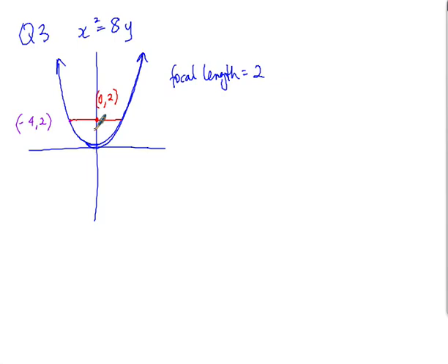So the gradient is 0. What's the equation of the line then? The horizontal line, so y equals 2.